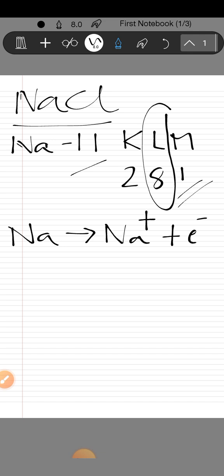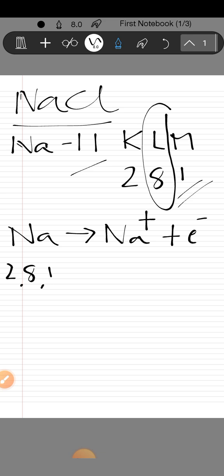So here, if I have to specify the electronic configuration or distribution of electrons, I will write 2, 8, 1. And since it has donated one electron and has gained a positive charge, because always remember students, elements, they lose one electron or n number of electrons and they get a plus charge on them.